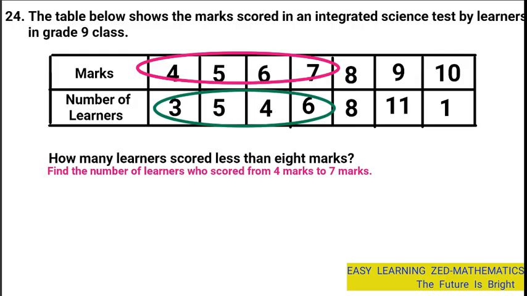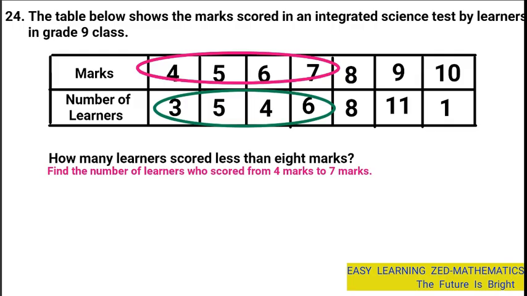Once we've done that, what is now left to do is just to add those numbers. Let's start with 4. How many learners scored less than 4 marks? Oh, sorry, how many learners scored 4 marks? We know that it's 3, the 3 down there in green.